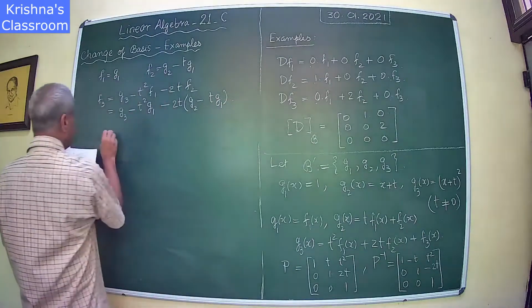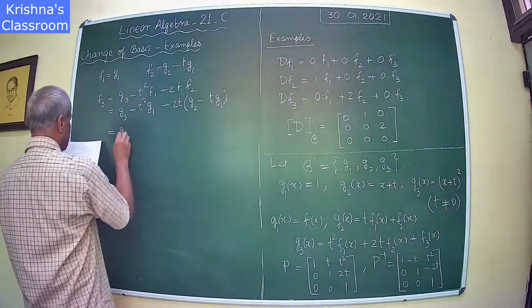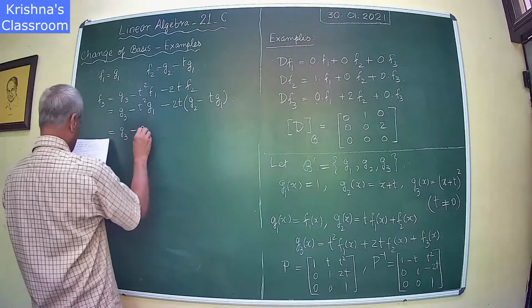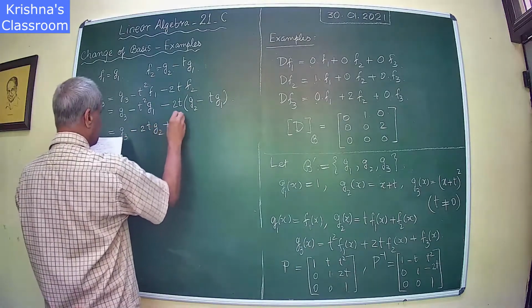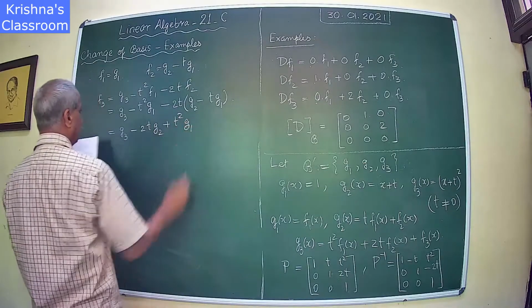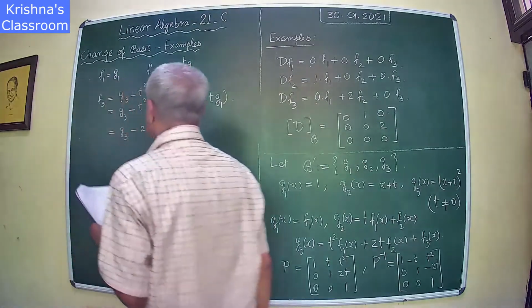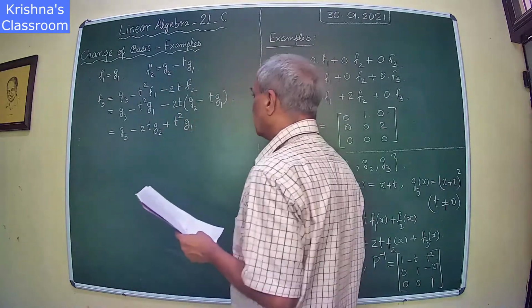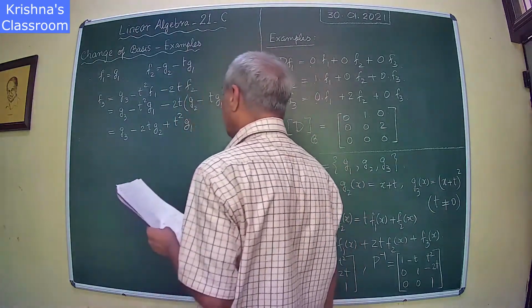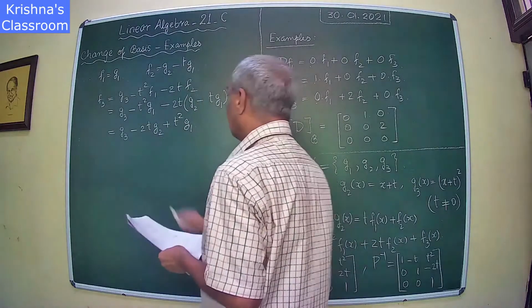If you simplify, this will give you G3 minus 2t G2 plus t square G1. So you have f1 equal to G1, f2 equal to G2 minus t G1, f3 equal to this.